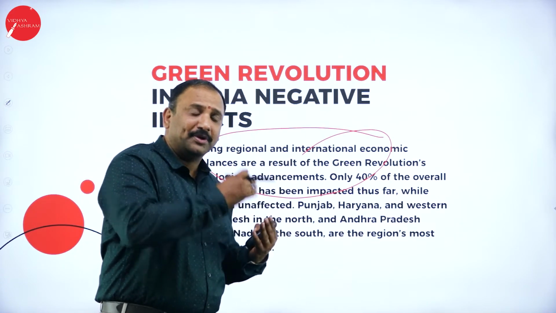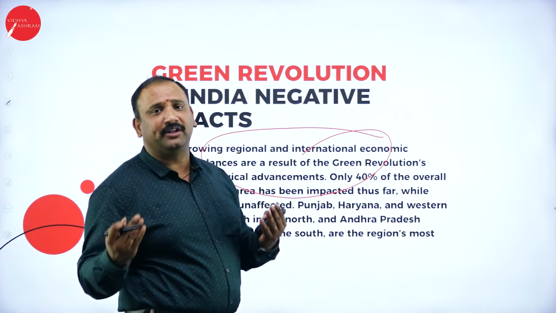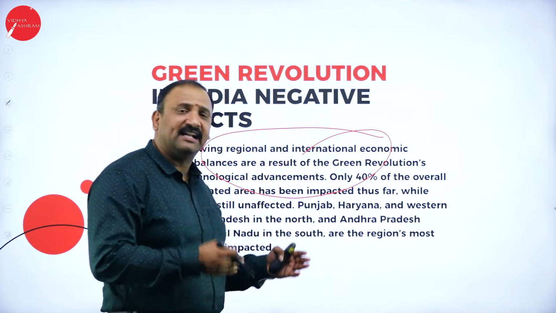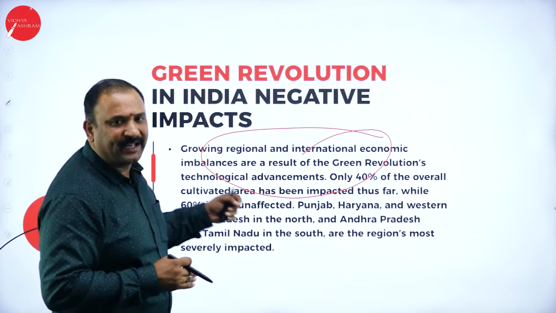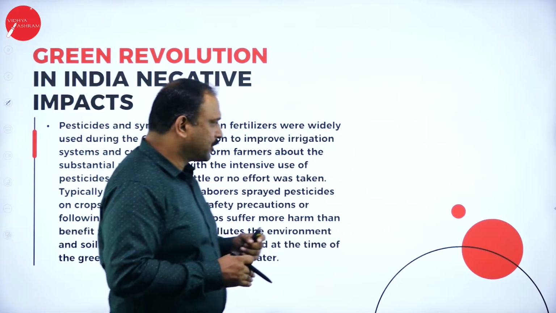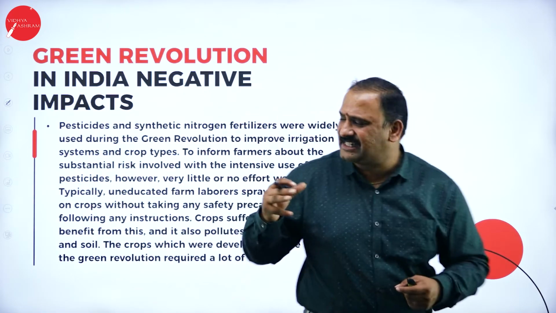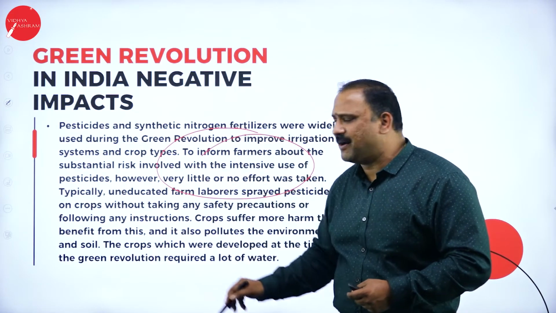So on one side, when you are talking about the positives, the states being on the top line, on the other side we are seeing that others are negatively impacted. So this was creating a very big impact to the system altogether. Followed by, we are also talking about the usage of pesticides and synthetics. They created a very big risk to the farmers. Why?